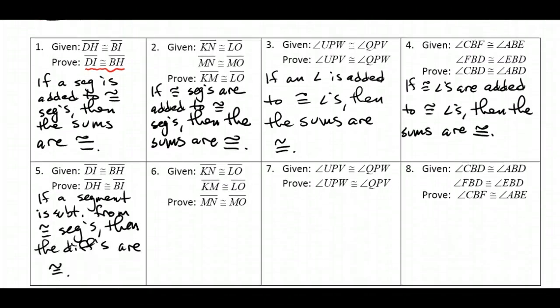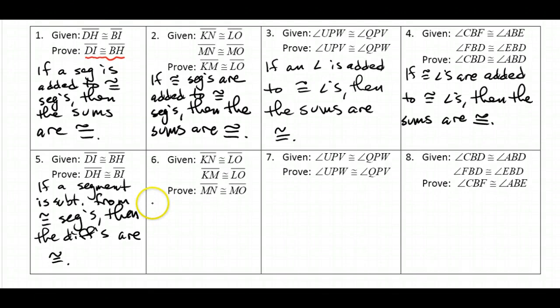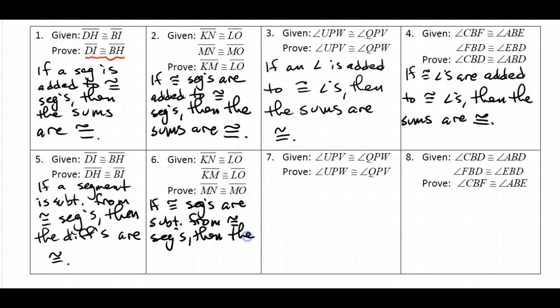So we're subtracting congruent segments from congruent segments. If congruent segments are subtracted from congruent segments, then the differences are congruent.